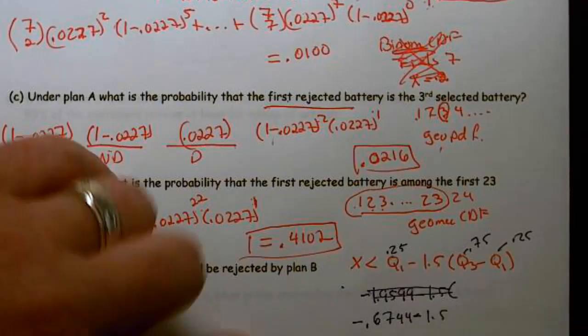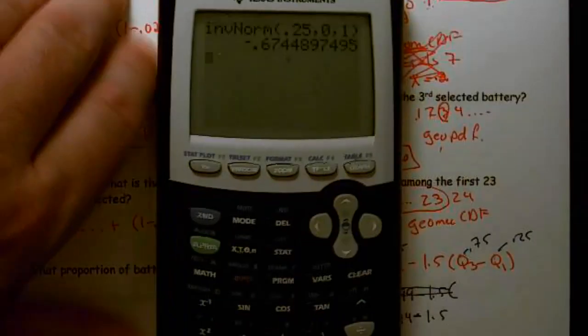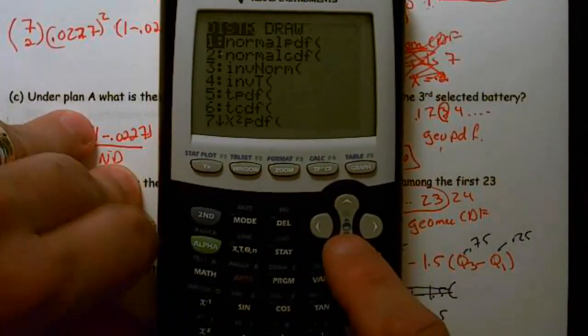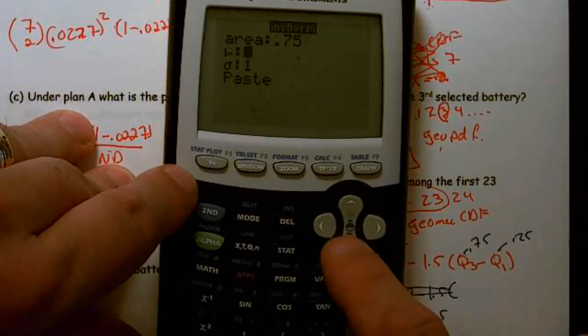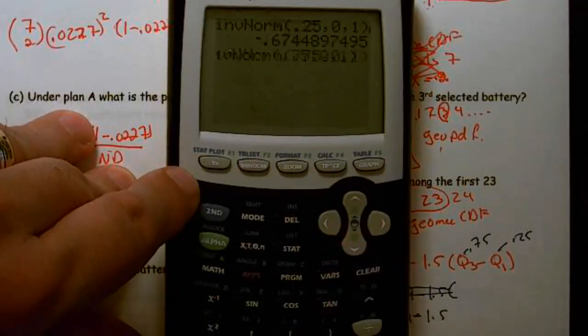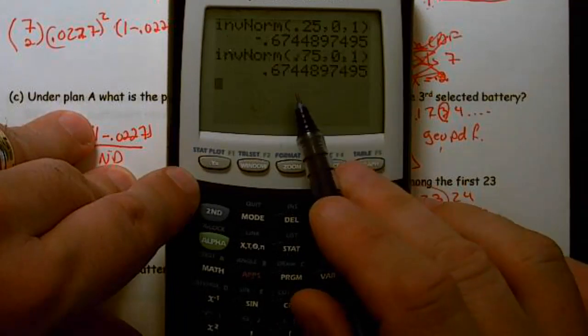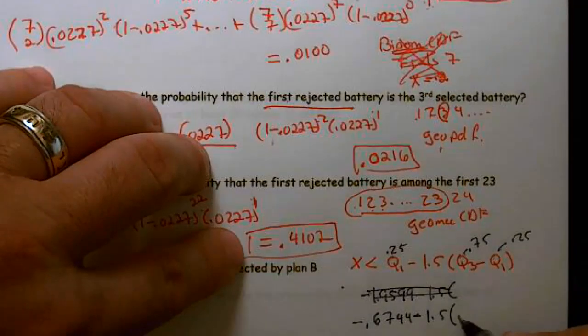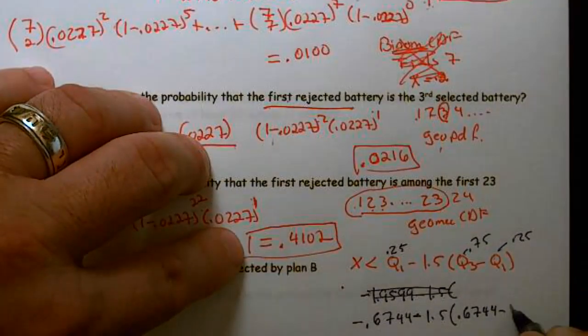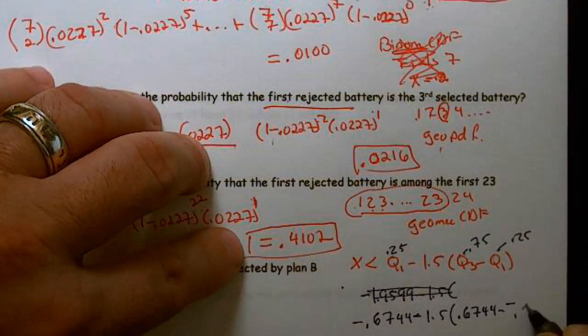I need to do it for Q3. Second vars, inverse norm, make that 75%. And I get positive 0.6744, minus a negative 0.6744.